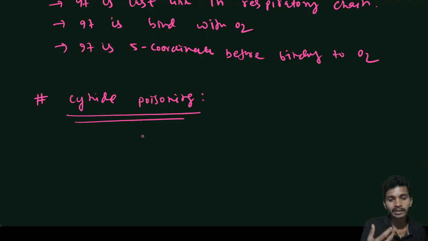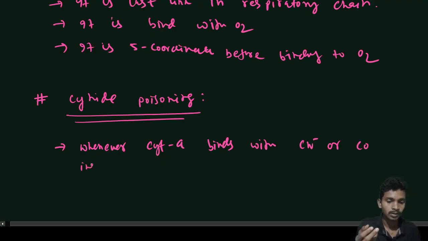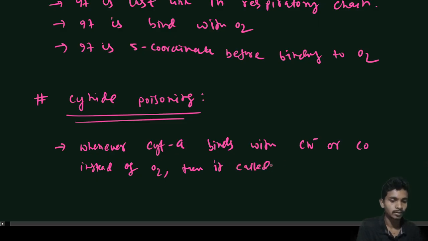Whenever cytochrome A binds CO or CN minus instead of O2, that is called cyanide poisoning.